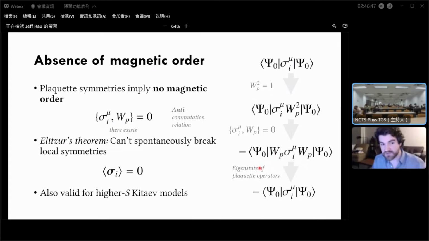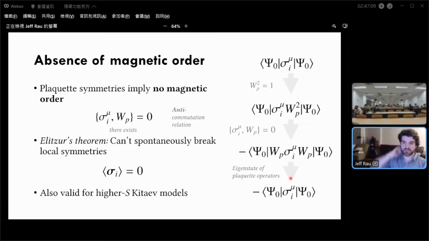This is a version of Elitzur's theorem. You can't spontaneously break local symmetries, right? So whatever this ground state is, it has to be an eigenstate. It has to have a well-defined value for this W_p. And so this should give you a constant here, a constant here. Those will cancel. And so we've just flipped the sign of this expectation. Okay, and so this has to be equal to this, which means it's 0.